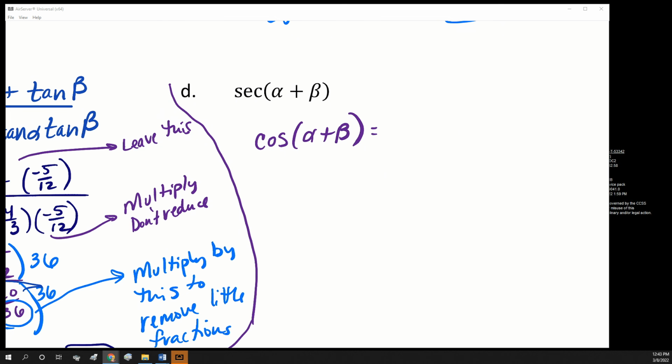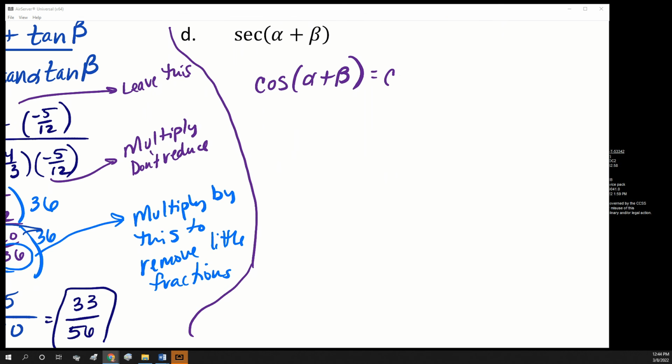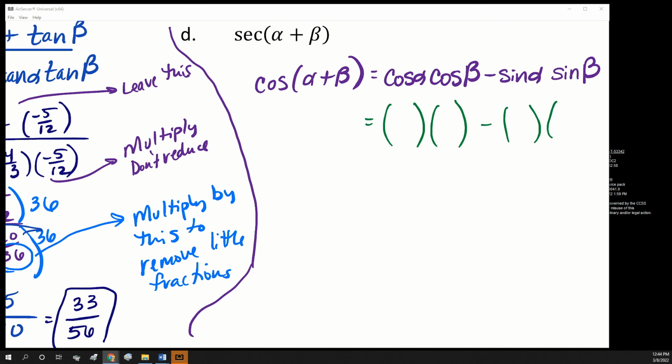All right, so I'm going to write down the cosine rule. And I've already found all these things. I did this at the very beginning, so I can just fill in what these cosines and sines are. So we're going to get the same answer as B. No, B was minus.